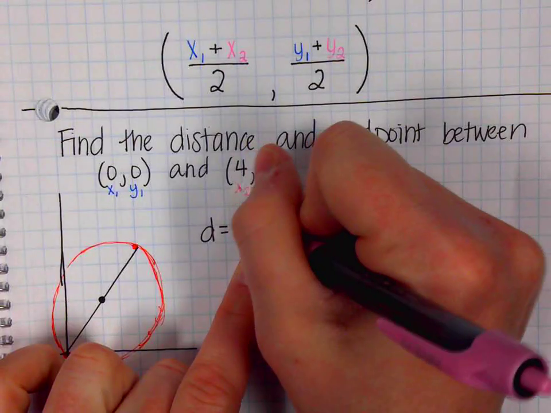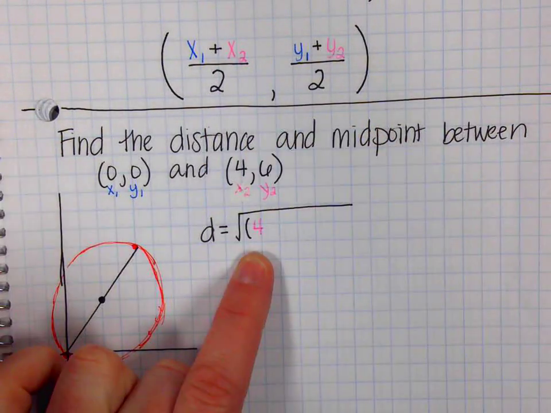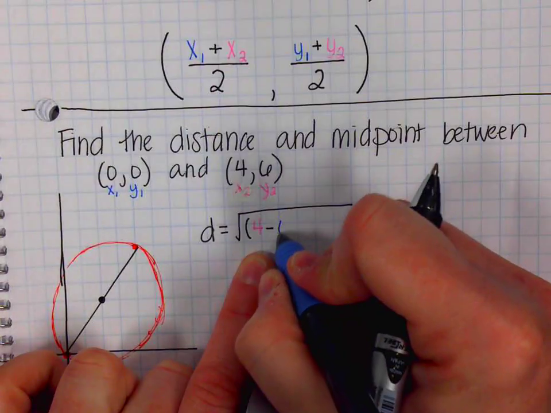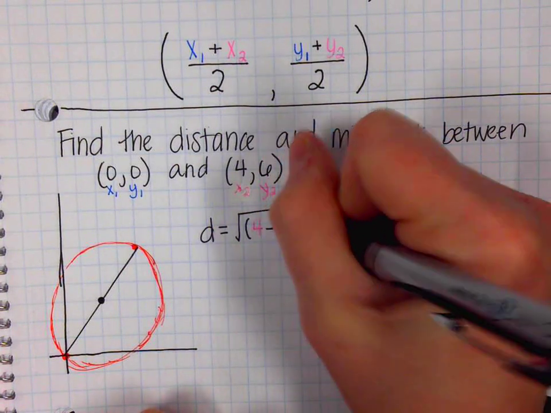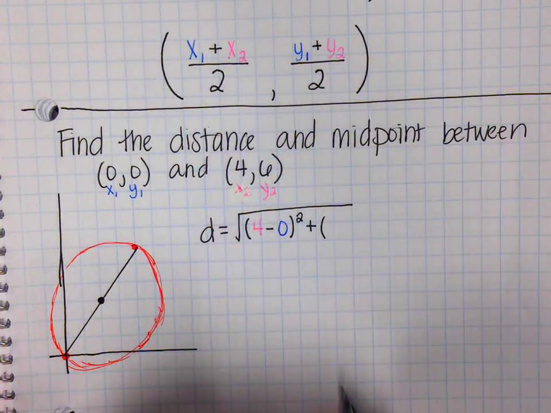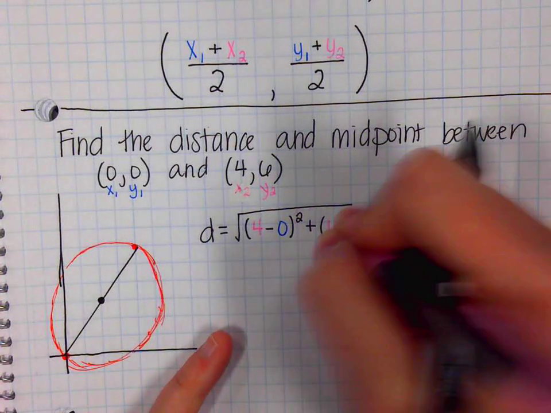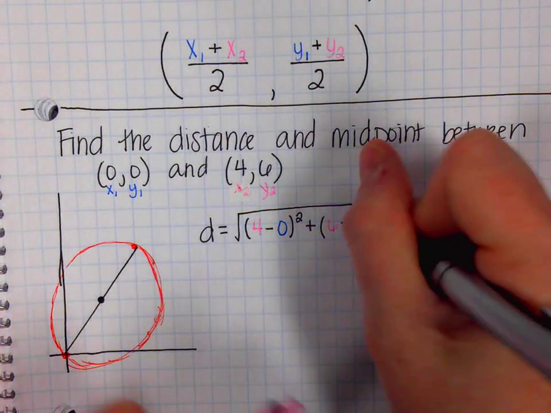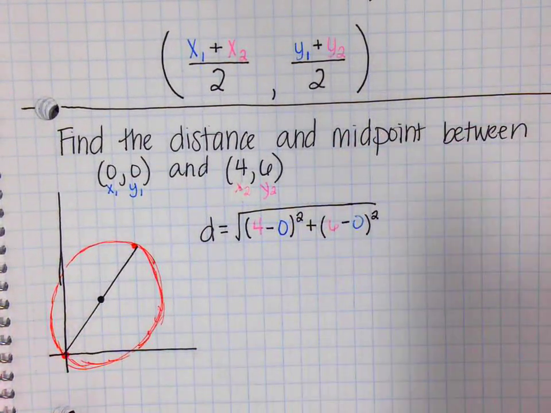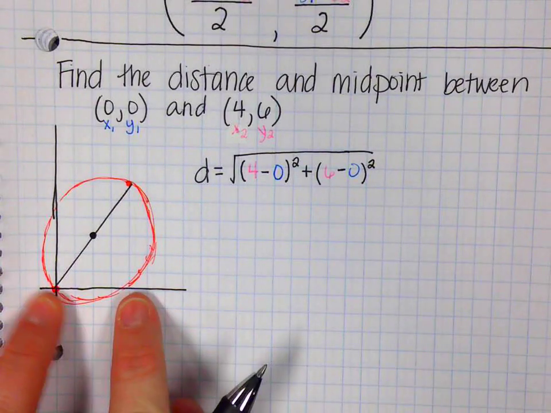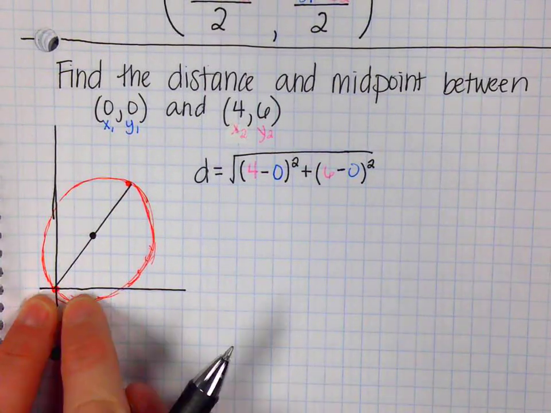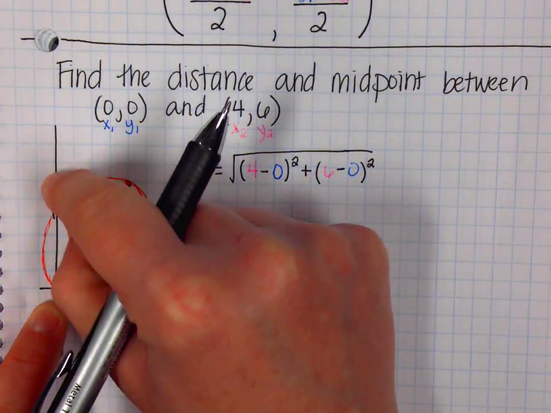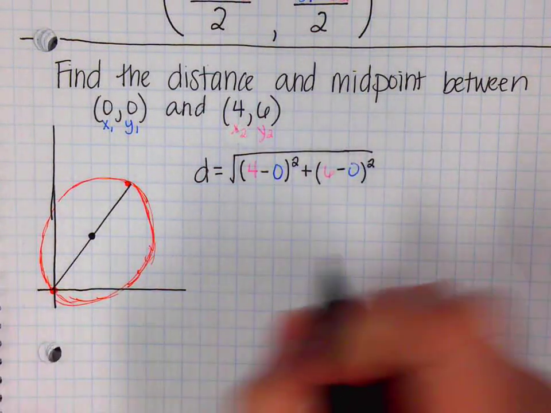Look up at this formula, I'm going to take x2, which is 4, minus x1, which is 0, close parentheses, squared, plus, open parentheses, y2, which is 6, minus 0, close parentheses, squared. So it's taking this horizontal distance, which is 4 spots because it's 4 minus 0, and this vertical distance, which in this case is 6.